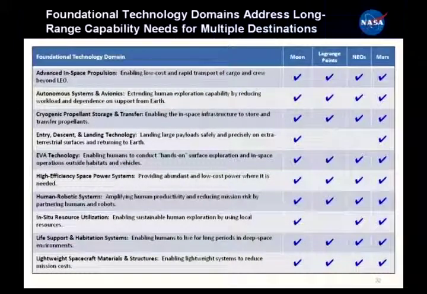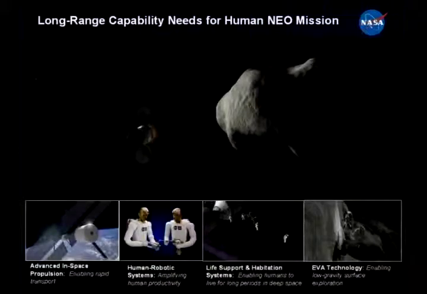Again, these are a set of key capabilities that support critical exploration needs in the long term. They apply to a variety of applications such as the Moon, Lagrange points, near-Earth objects, and Mars missions. As an example, the foundational domains would support long-range capability needs for a NEO mission.